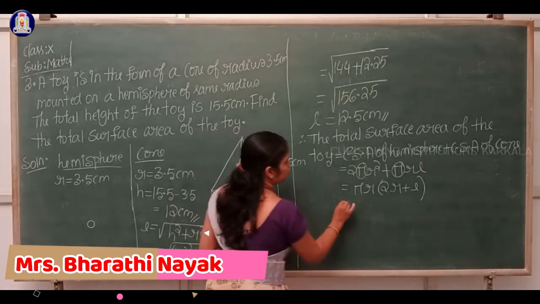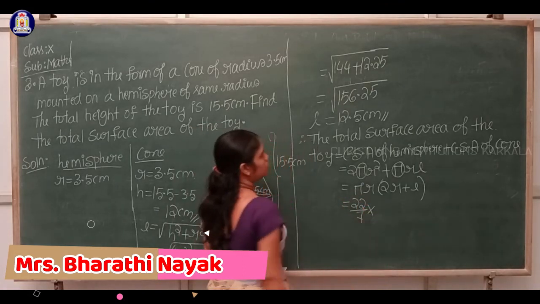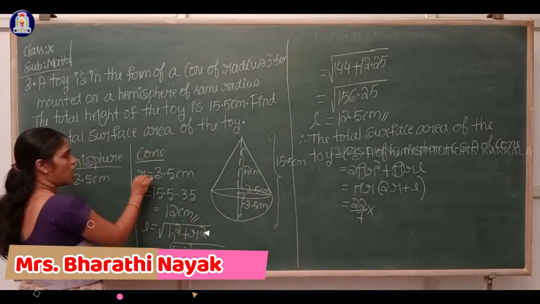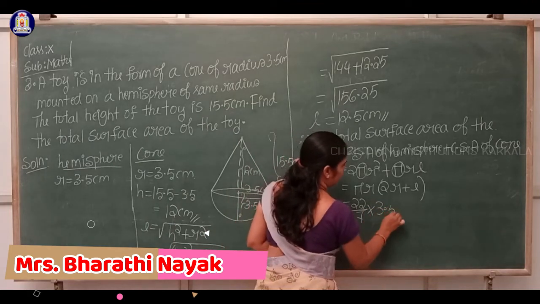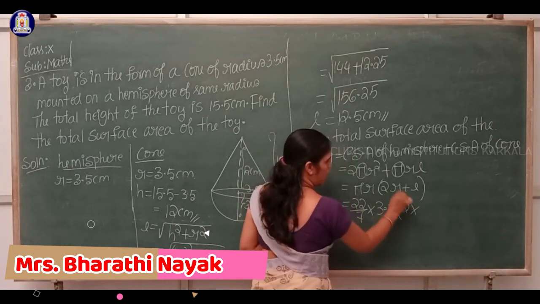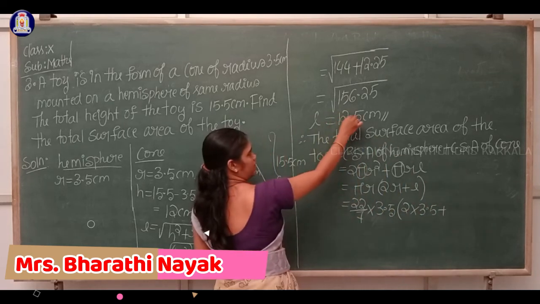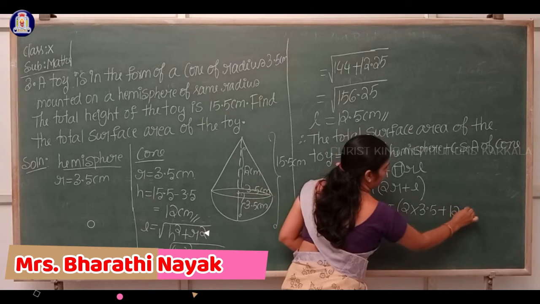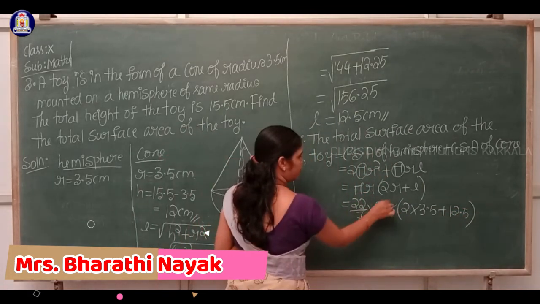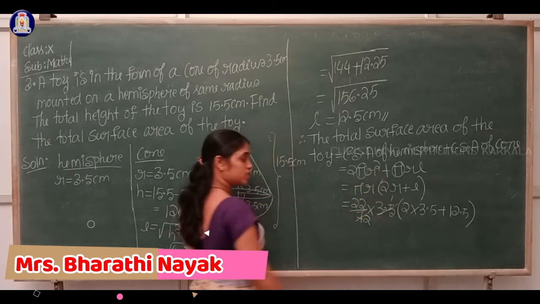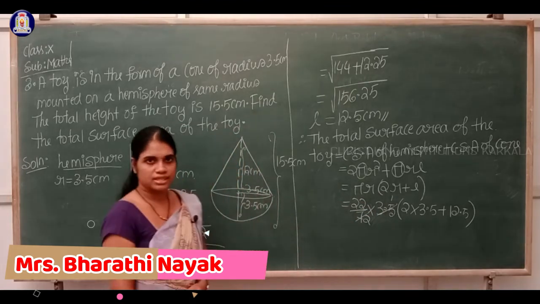Now I will substitute the values. Pi means 22 by 7. What is the value of r here? r is nothing but 3.5. 2 into r means 2 into 3.5, plus the value of l. What is the value of l? 12.5. Now 3.5 ones are 3.5, twos are 7.